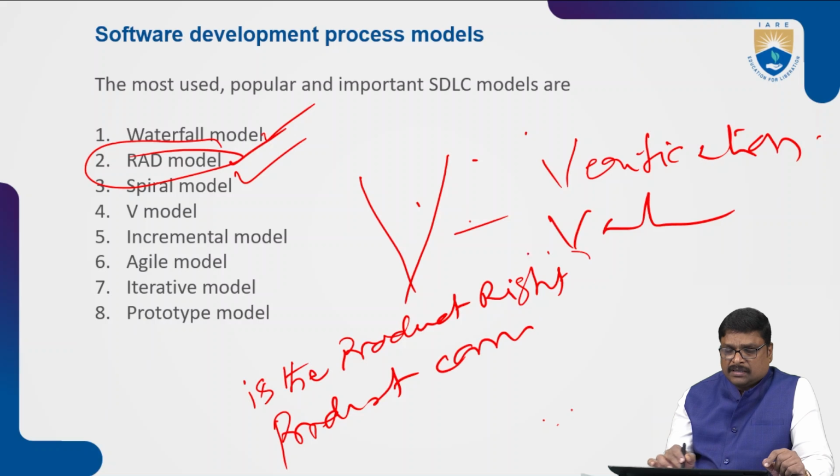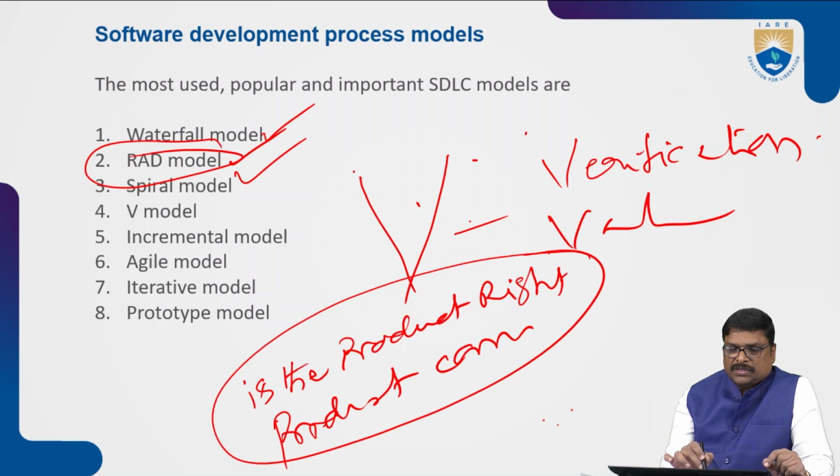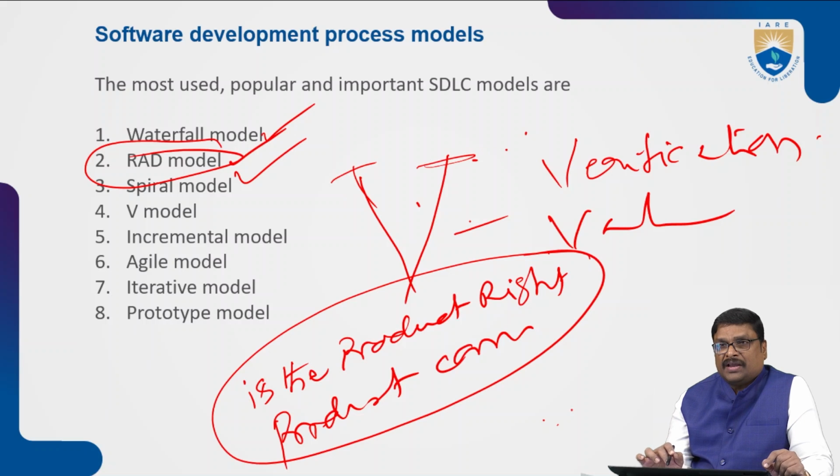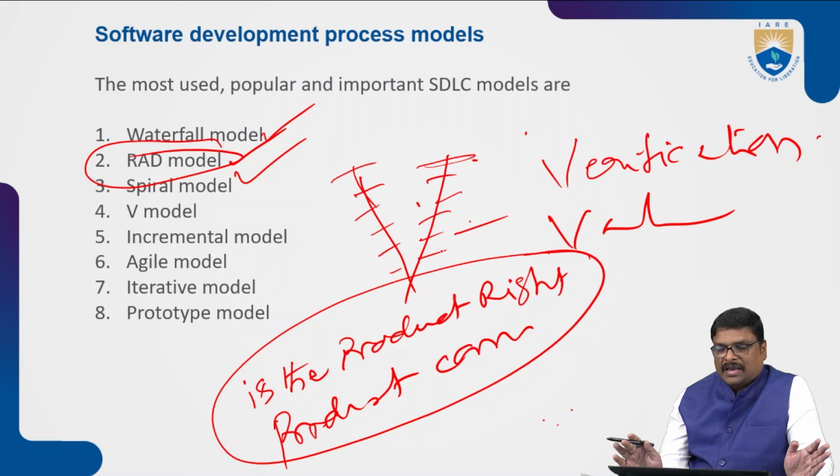So it means the V model is recommended in such situations. Suppose requirements are gathered, then we apply verification and validation. Is the product right? So we have to verify and validate. That's why in all the activities we do verification and validation.